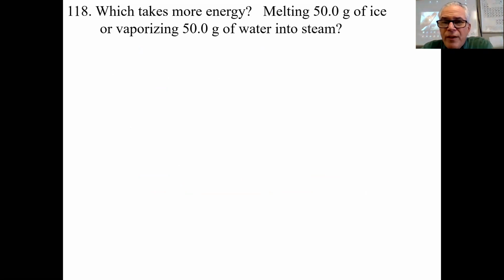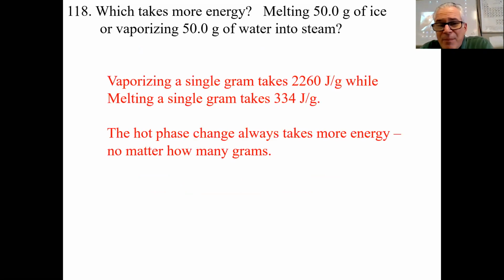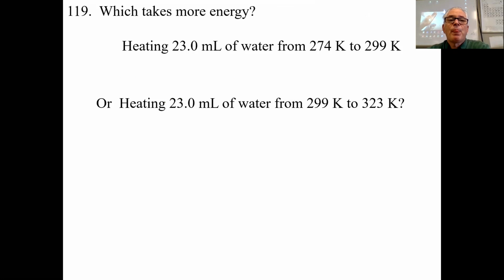Whether it's 1 or 2 or 50, melting is less energetic and vaporizing takes a lot more energy. So look what I got here. Vaporizing a single gram takes 2,260 joules, and melting is 334. So the hot phase change always takes more energy. If you have 1 gram, 50 grams, 412 grams, doesn't matter. The 50 grams didn't matter.